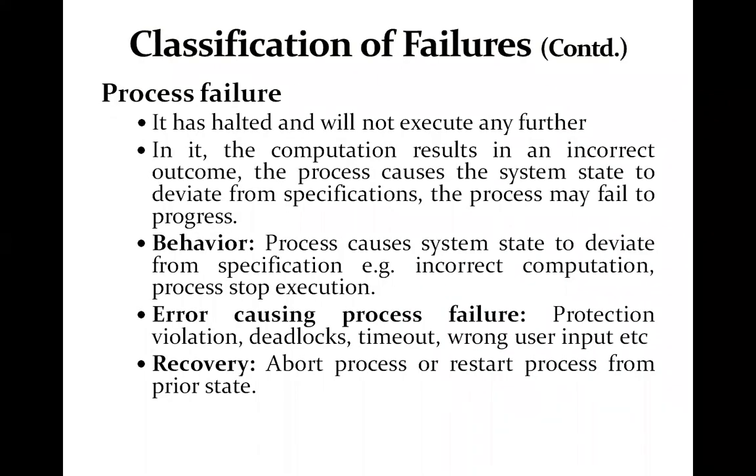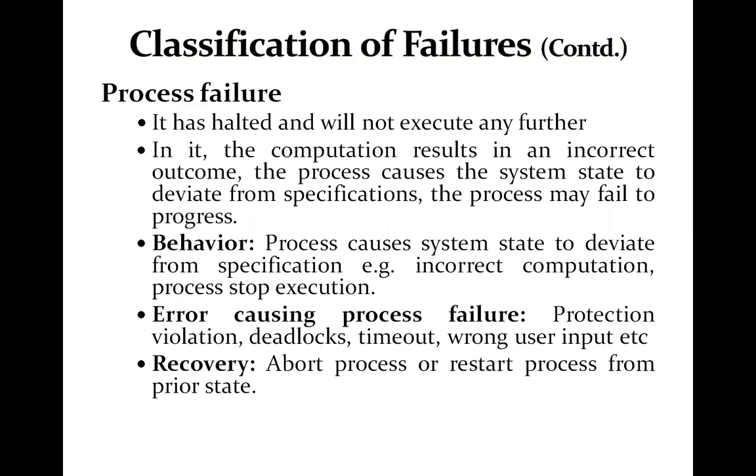The first one in this classification is the process failure. In this, either the computation of the results becomes incorrect, or the process causes the system to deviate from the specification, or the process fails to progress.